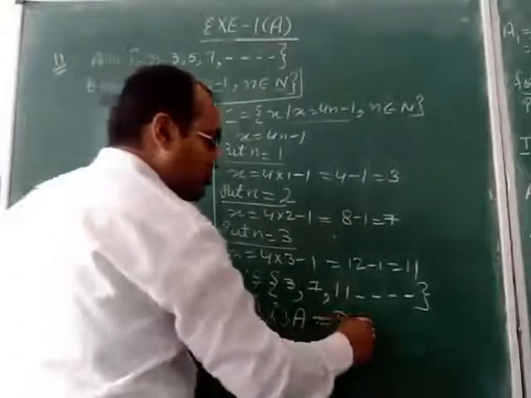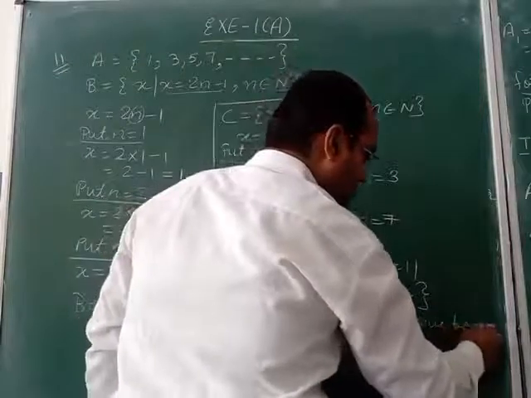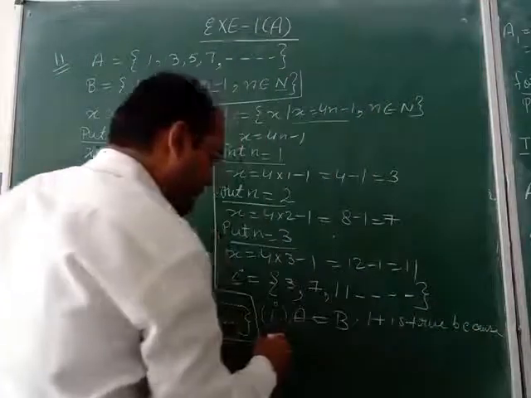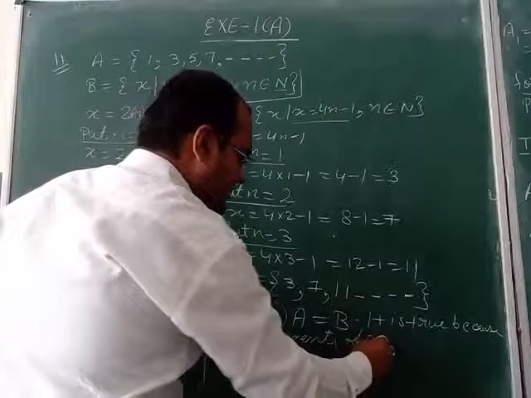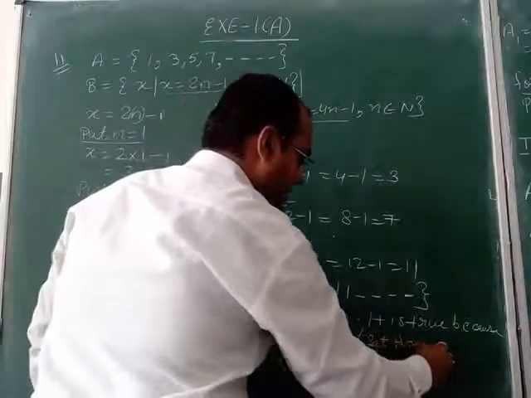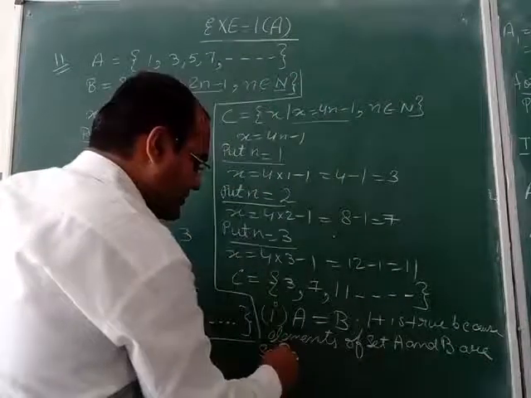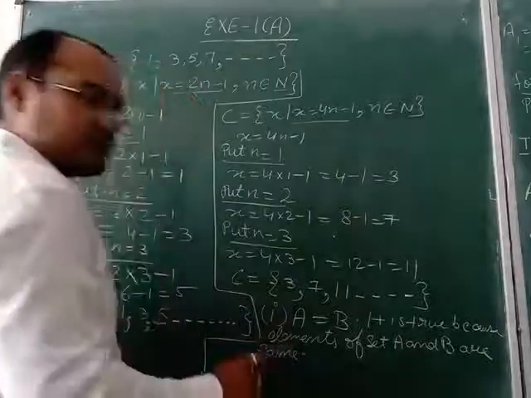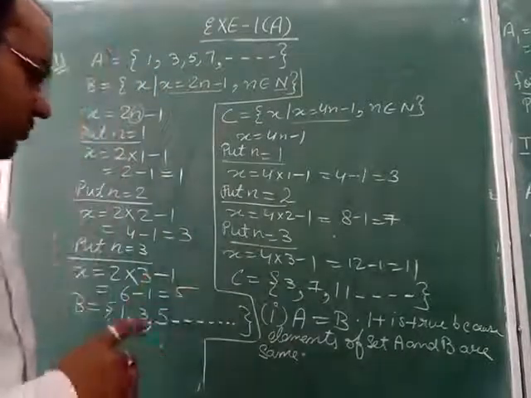So it is true. We will write it is true because elements of set A and B are same. Why is this true? Because elements which are coming in A and B both are same. That's why it is true.